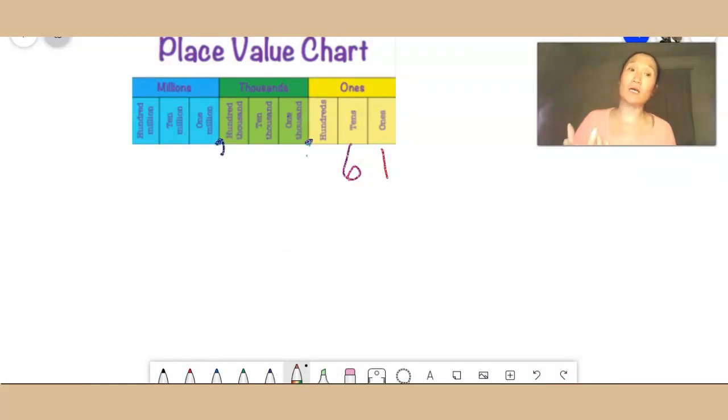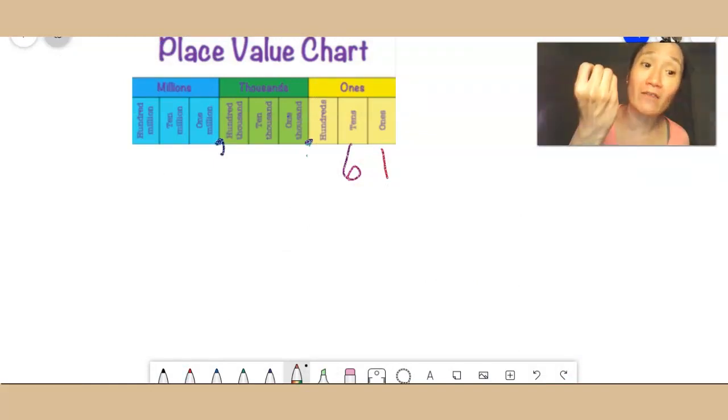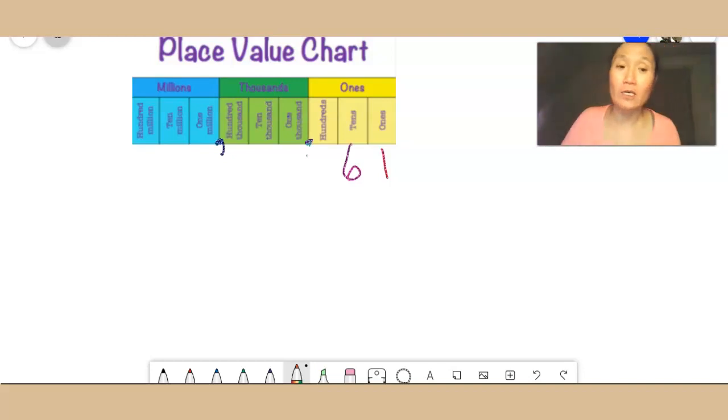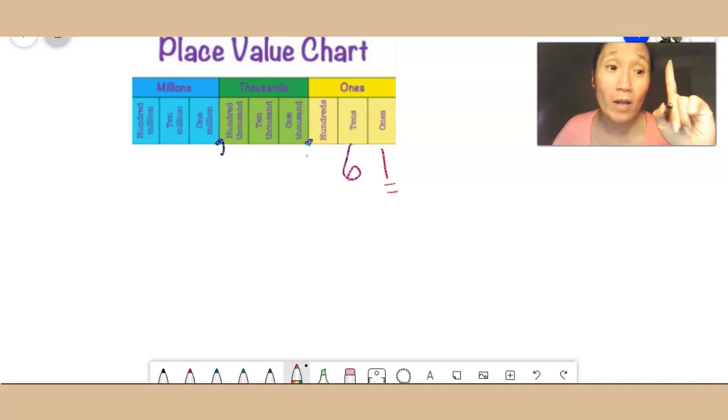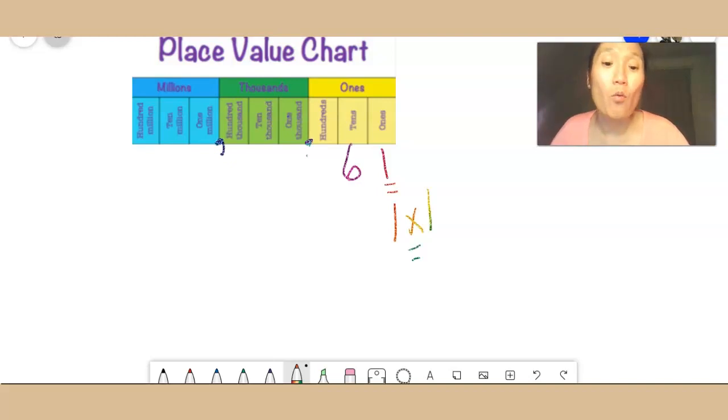But I still need you to understand, where do I get the value for each digit? So again, I'm looking at this first digit right here, and it's telling me that I have one piece of paper in my pocket, one piece of money, a $1 bill. So I have one group of 1. That equals 1.